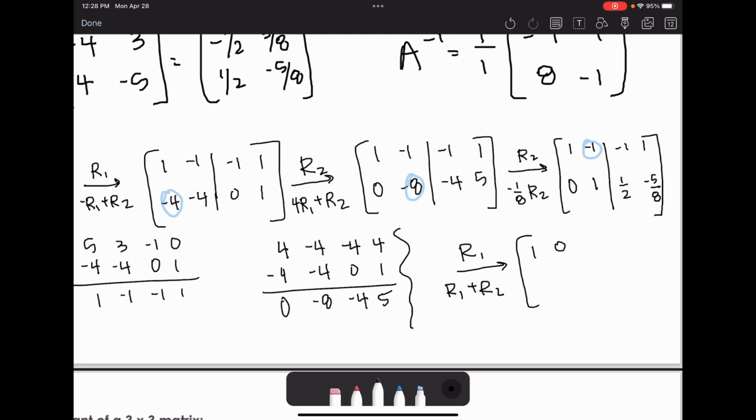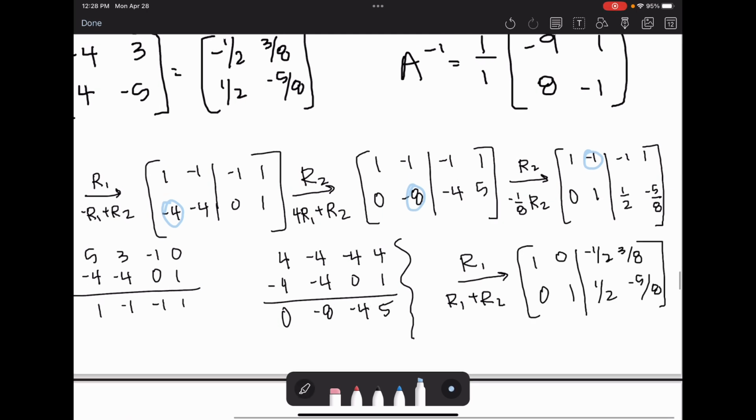This would be -1/2 if we add these two together. And then if we add these two together, that is 3/8. And then this would be 0, 1, 1/2, and -5/8. And that's exactly what we found doing the little fish method and then switching them places.